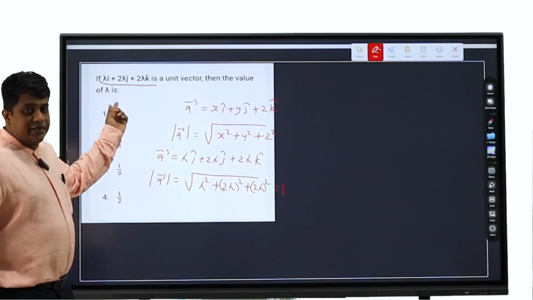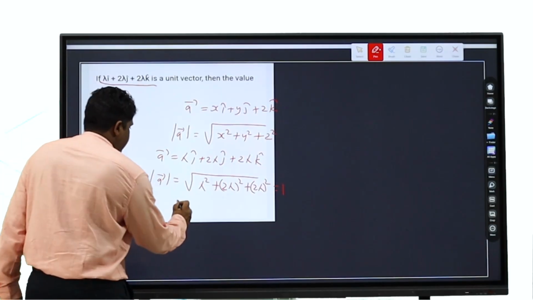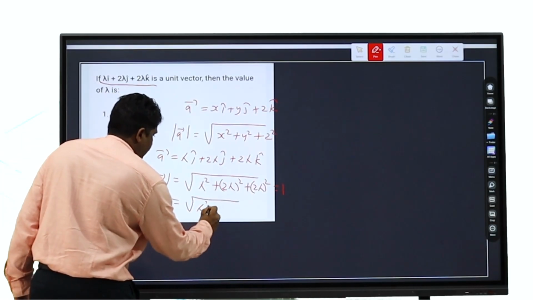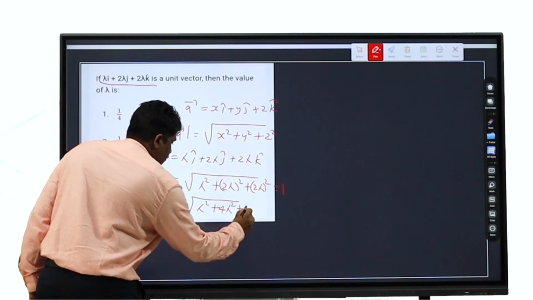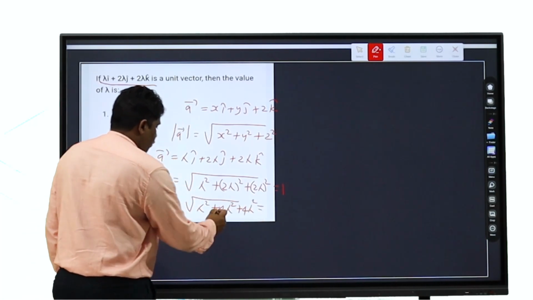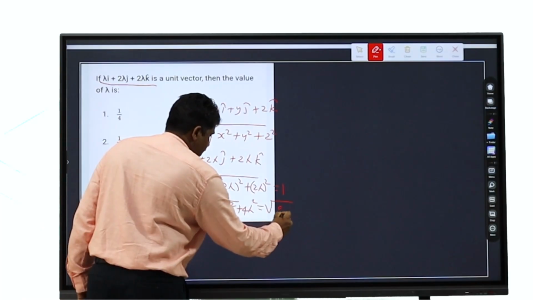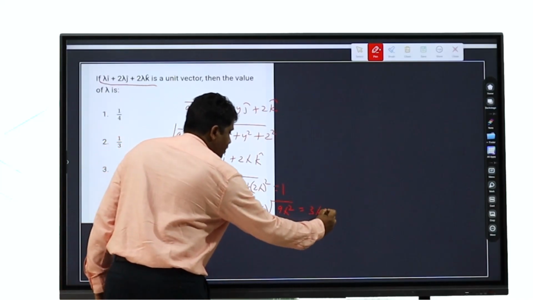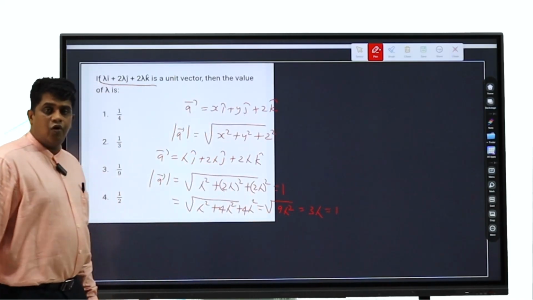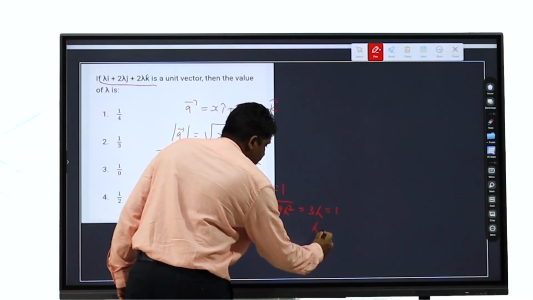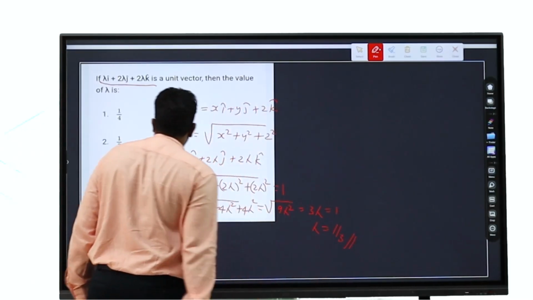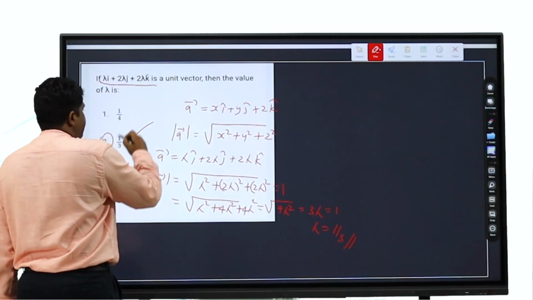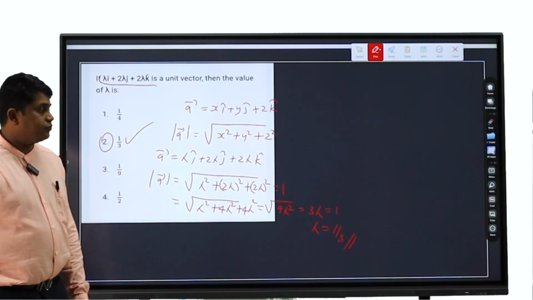It is a unit vector. So root of lambda square plus 4 lambda square plus 4 lambda square, that is 1 plus 4 plus 4 is 9, root of 9 lambda square, which is equal to 3 lambda. It is given as 1. Then what is lambda? Lambda is equal to 1 by 3. Option 2 is correct.